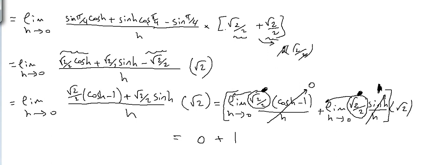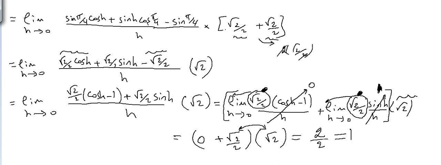All of those, radical 2 over 2 times radical 2 over 2 times 1 is radical 2 over 2. Okay? So all of those multiplied with this radical 2, we still have it outside. Now, radical 2 times radical 2 over 2 will be equal to 2 divided by 2. It's 1.